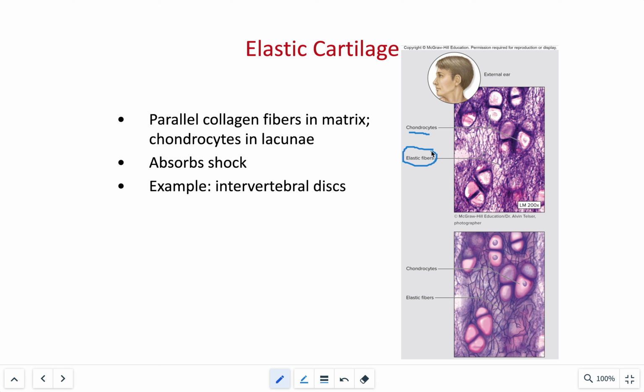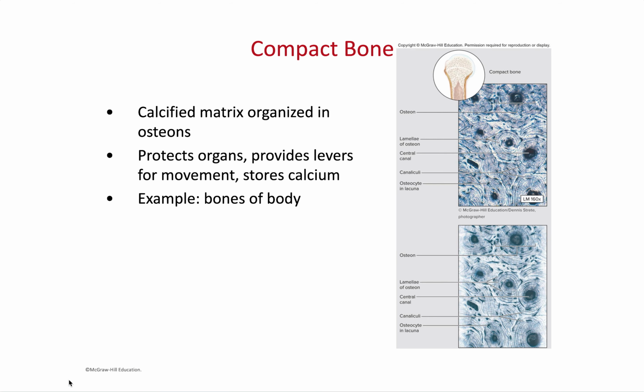This allows for extensive flexibility, changing in shape while returning back to its normal position after being stretched. We see this in the external portion of the ear, and there is a perichondrium present in this example of elastic cartilage.